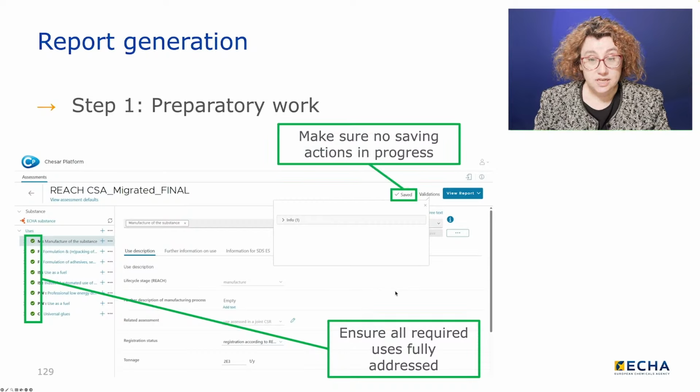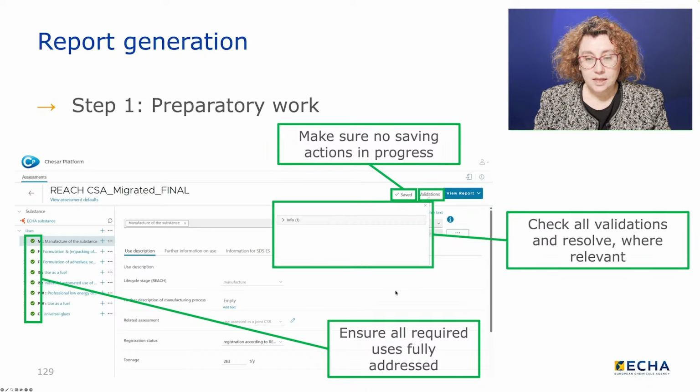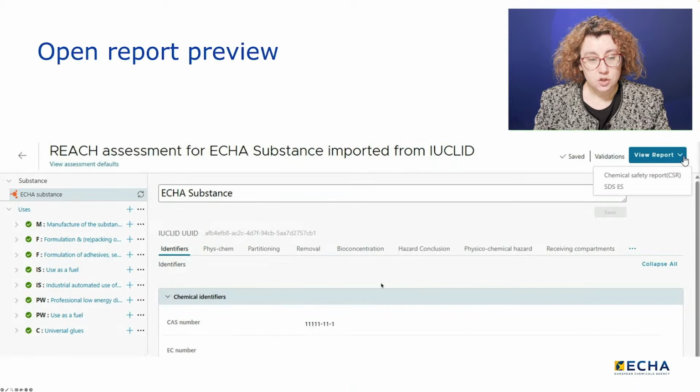Then you also need to check that everything is safe, so there are no actions in progress. And finally, it is always useful to check the validations. Sometimes you will still get validations and it's fine, but you need to check that you don't need to do anything about them. Once you have done this, then you can really go on and generate your report.